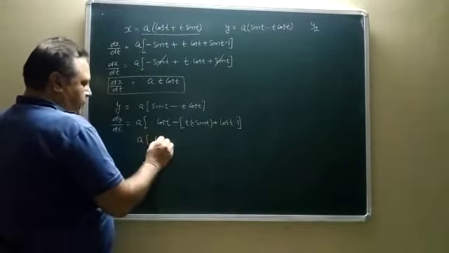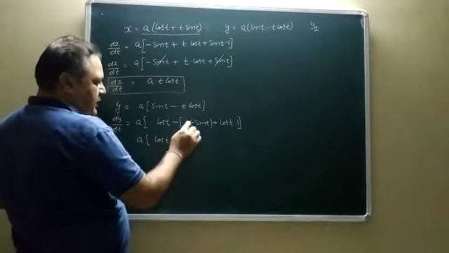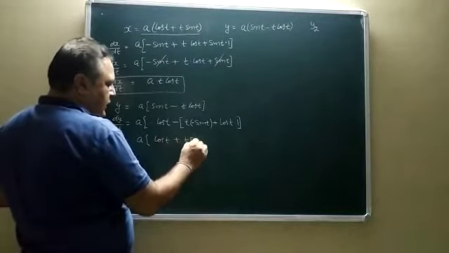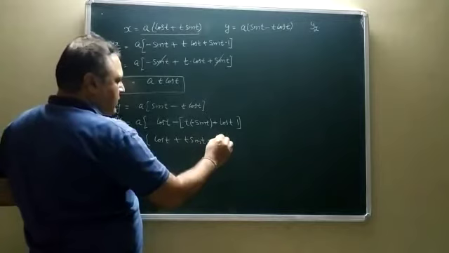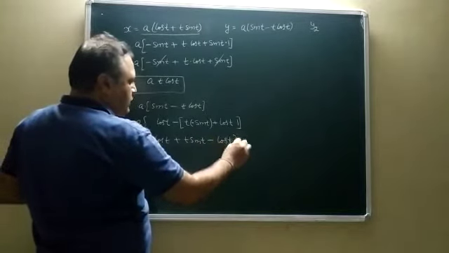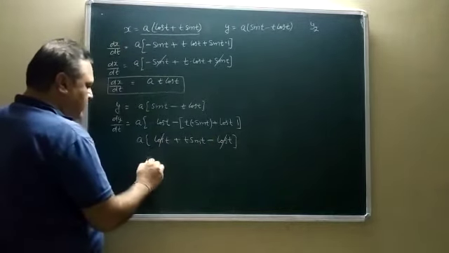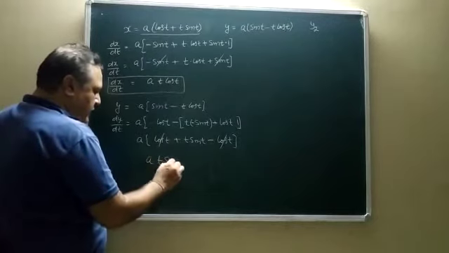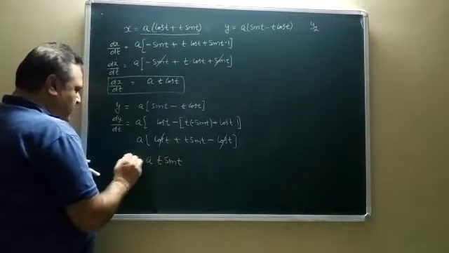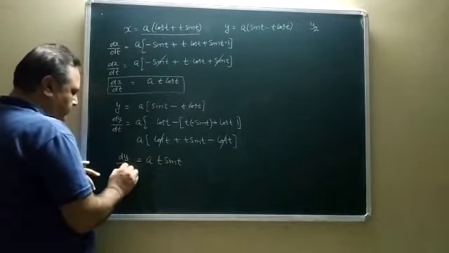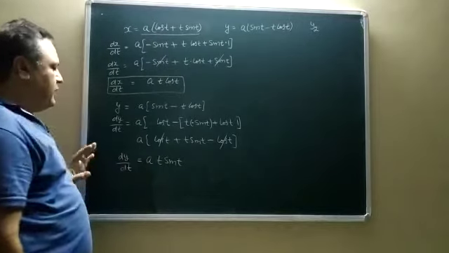So a(cos t minus, minus, plus t sin t minus cos t). This gets cancelled. It is a t sin t. This is the value of dy by dt.